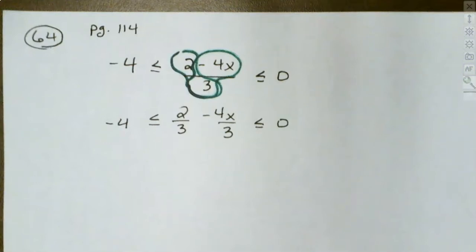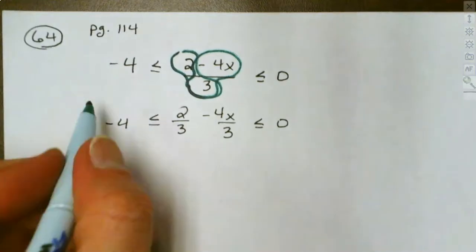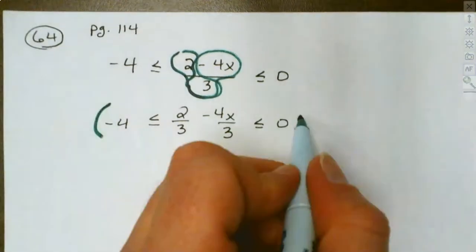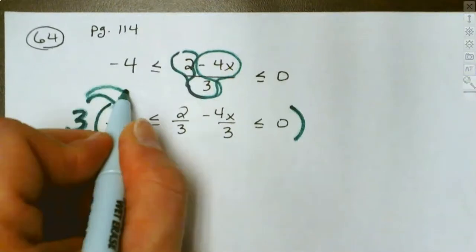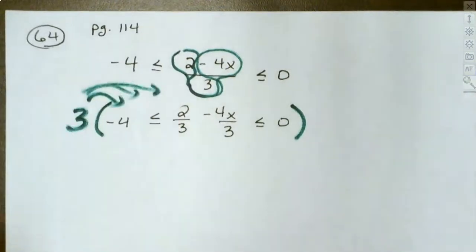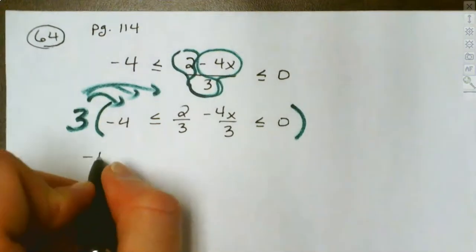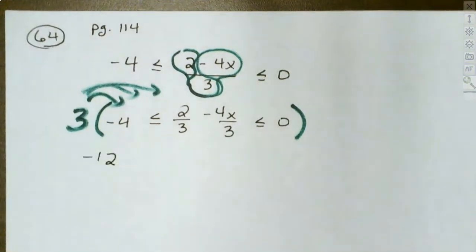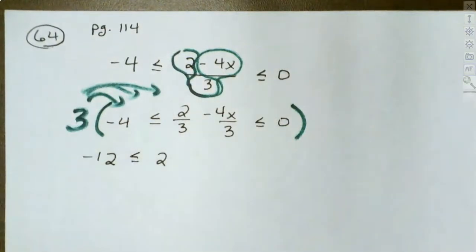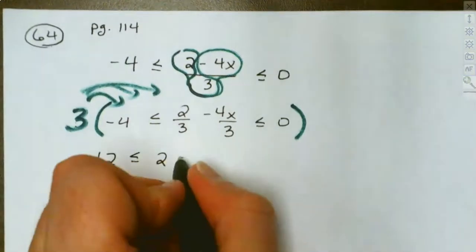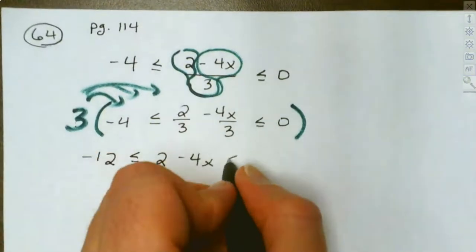Now we should know what to do. To finish this from here, we can just multiply it all by 3. That's going to now clear out all of our fractions. So I split it up and then multiplied everything by a 3. Now we have a minus 12 on the left. 3's cancel. That leaves you with a 2. 3's cancel. That leaves you with a minus 4x.